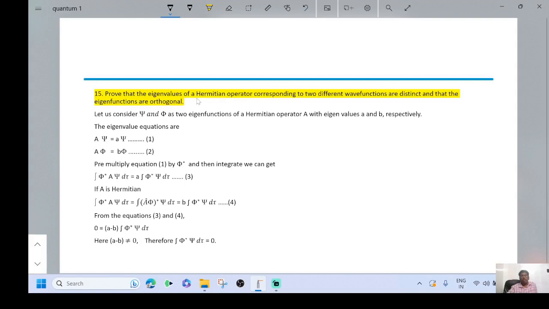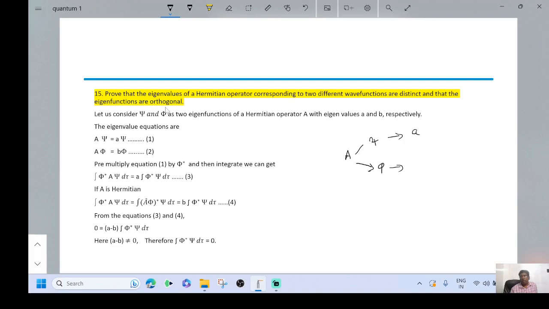Prove that the eigenvalues of a Hermitian operator corresponding to two different eigenfunctions are distinct and that the eigenfunctions are orthogonal. What they expect is: A is a Hermitian operator and is allowed to operate on two different eigenfunctions, psi and phi. The eigenvalue produced by A when it operates on psi is small a.